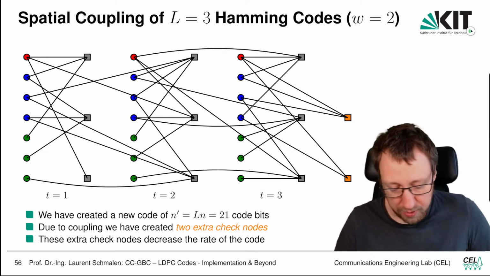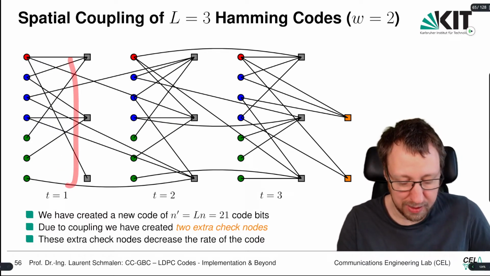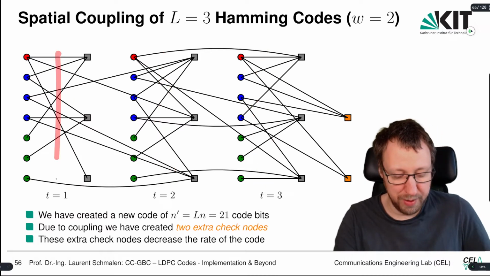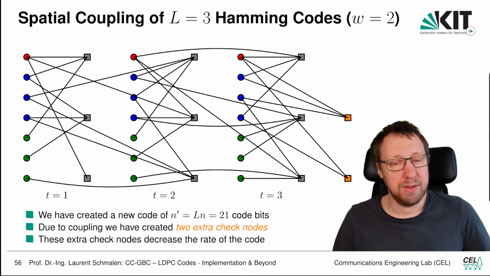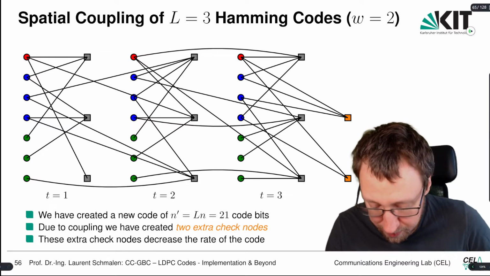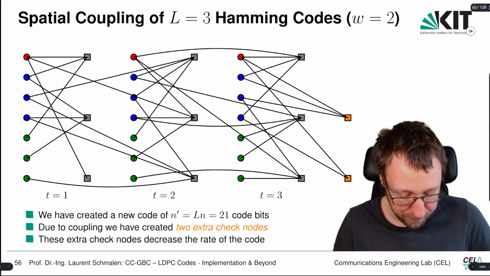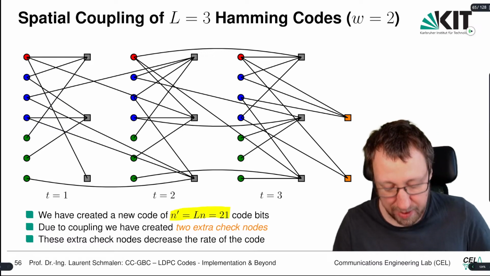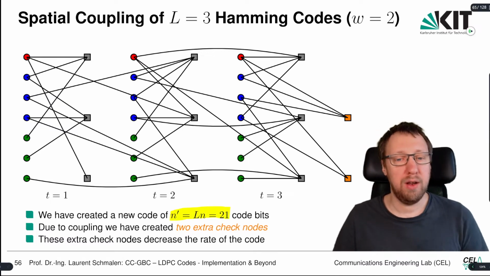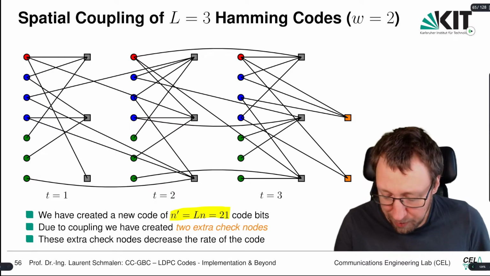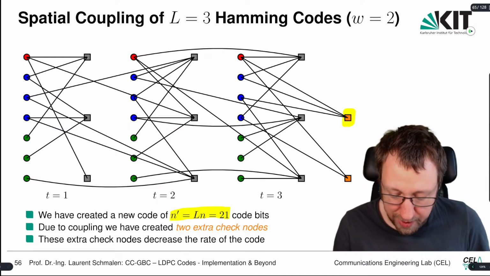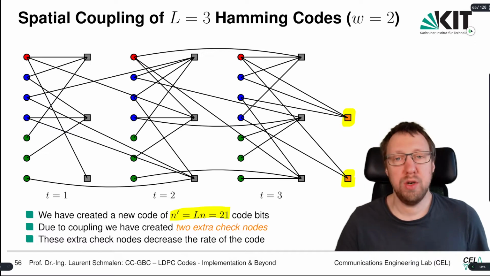The new code has a Tanner graph that looks like this. So it has a couple of spatial positions, a couple of variable nodes, a couple of check nodes. We count the number of variable nodes. We have n prime is equal to L times n, 21 code bits. And because of the coupling and the virtual position, we have created 2 new check nodes.